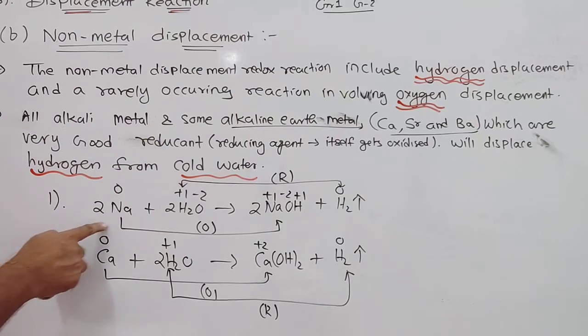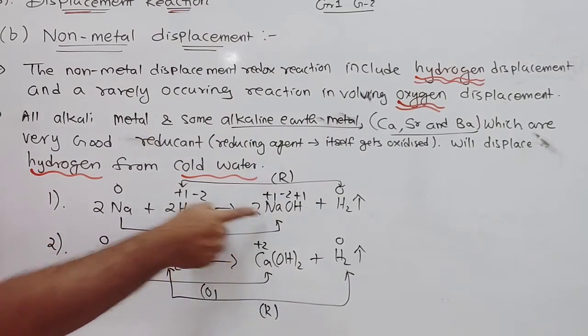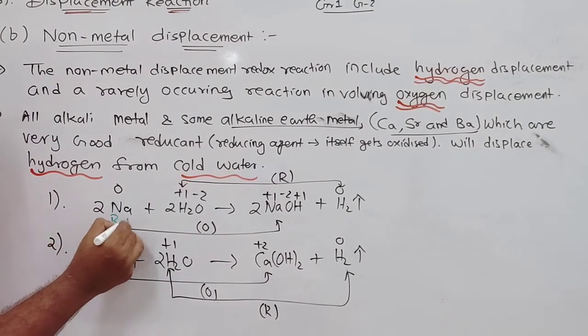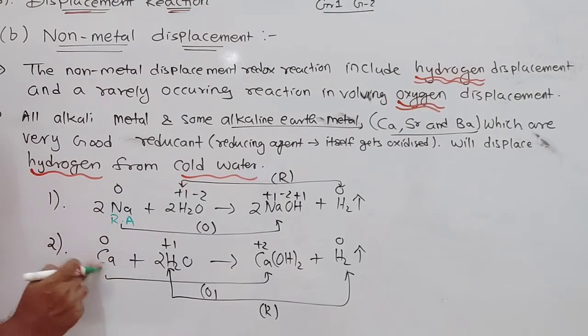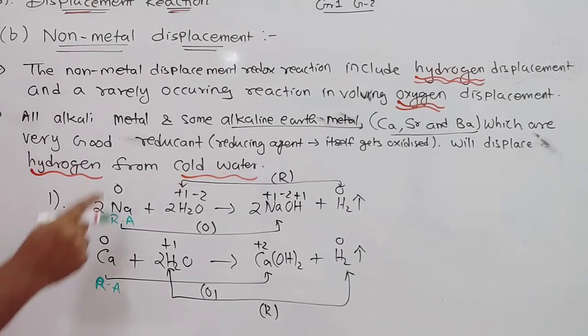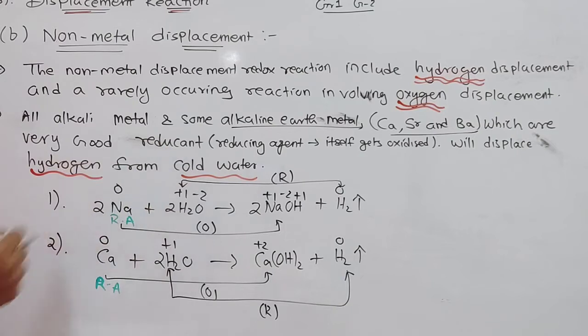Here who is oxidized? Sodium is oxidized. It will act as a reducing agent. And in this case calcium will act as a reducing agent too, because the word reductant is given for calcium.